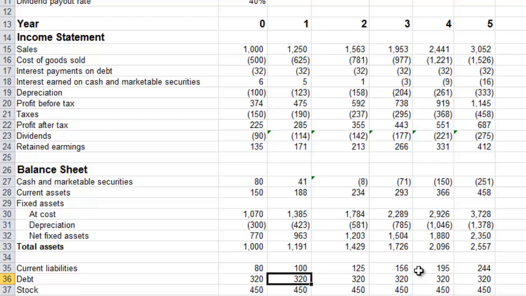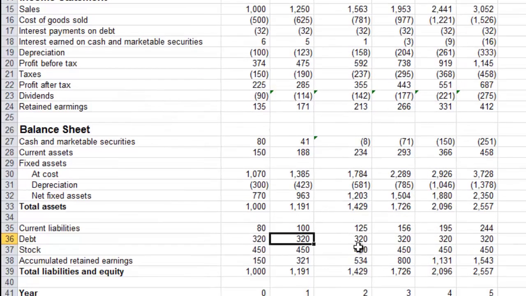We think about debt as the residual here. In the formulas we've got here, we just hold debt constant at the previous year's value. But we could use a max function and say we want this to be the maximum of current debt, or the difference between current and fixed assets and stock and accumulated earnings.